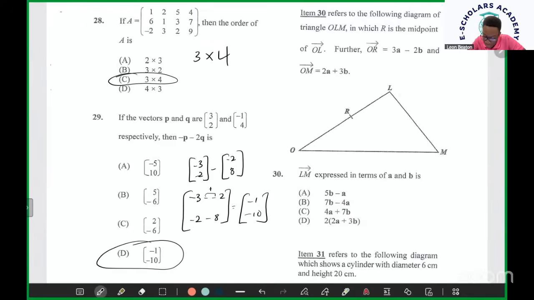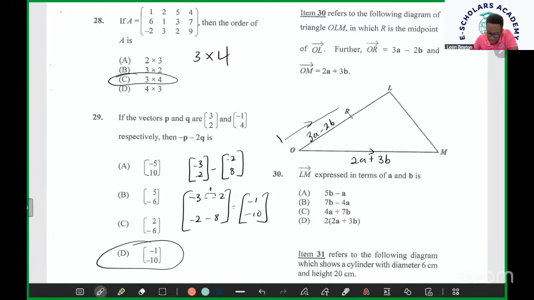So O to R is 3A minus 2B, and OM, which is O to M, is 2A plus 3B. Well, CSEC do themselves with this question. So they want LM, L to M. So if this is this, we just have to multiply this by 2.